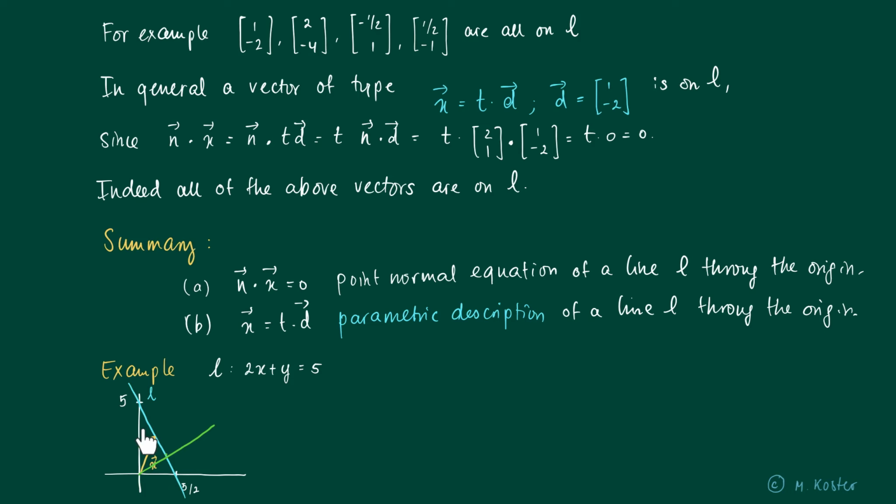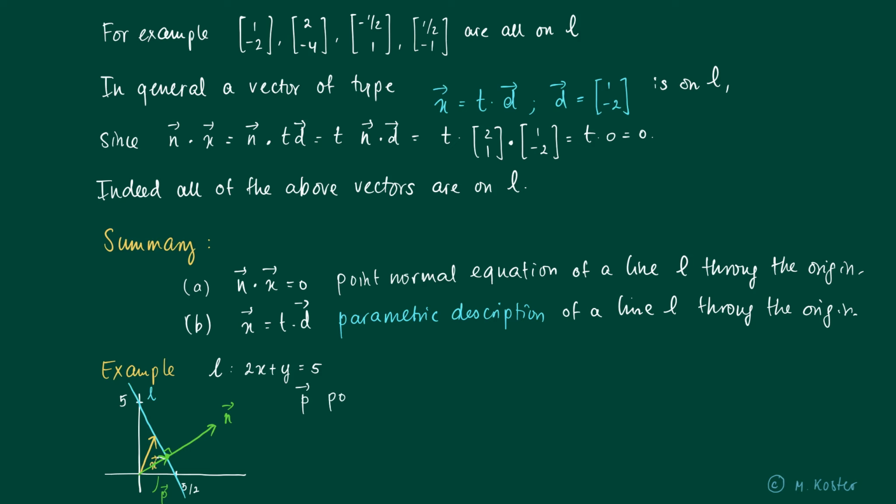And we take some vector x pointing at some point on L. This line still has a normal or perpendicular vector.